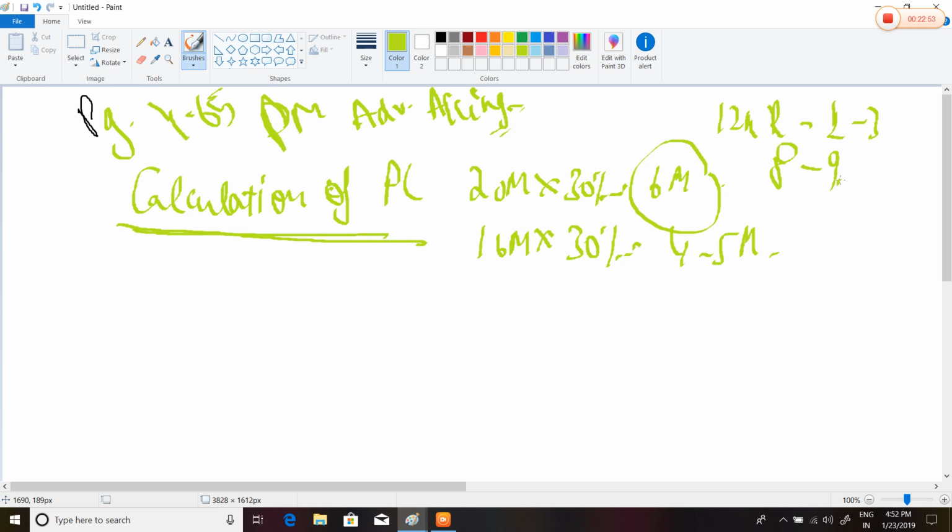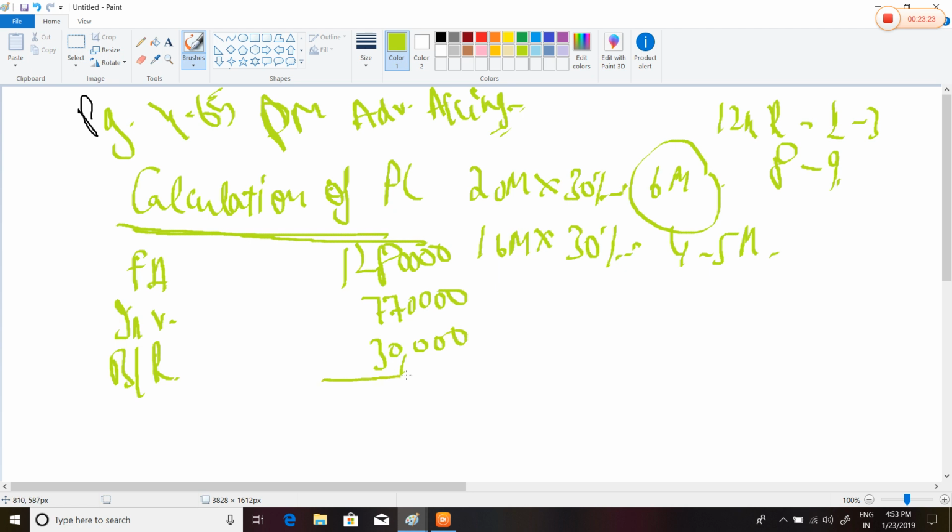Now let's start. Fixed assets are sold for 12 lakh 80,000. Inventory 7 lakh 70,000. Bills receivable 30,000.